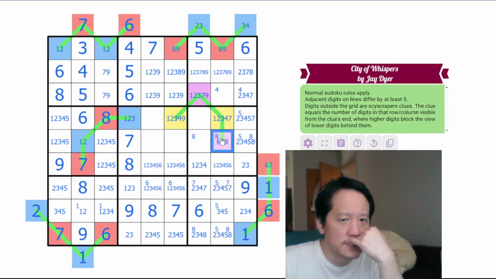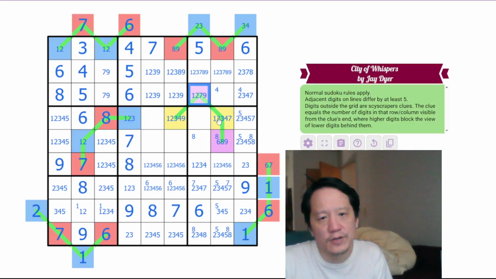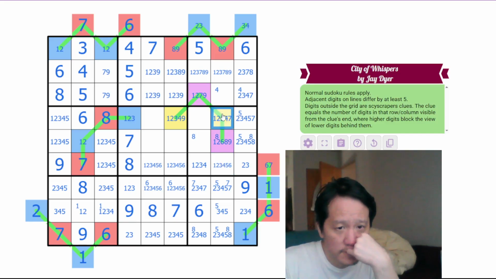If it's low, then, okay, so if these are high, that's 9 here and 7 here, which means this could not be 3. This would be 7, so that would be 1 or 2 in that instance.